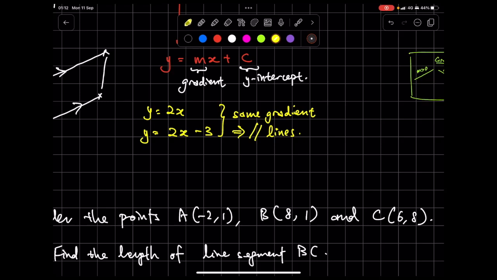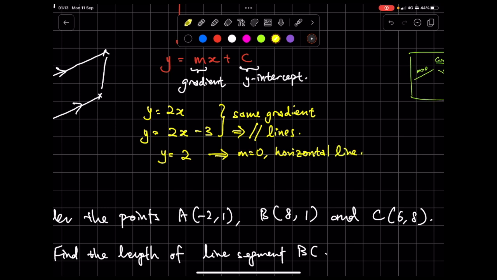Now what about just y equals 2? Like we mentioned just now, there's no x term here, which means your gradient is 0. Rather, let's write m equals 0. So it's a horizontal line.